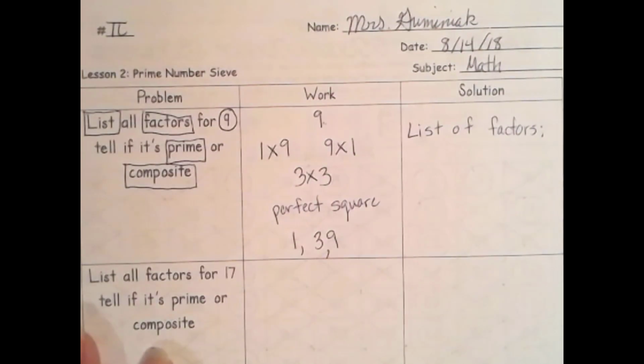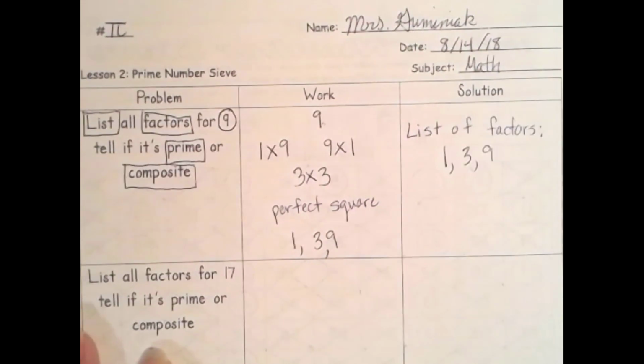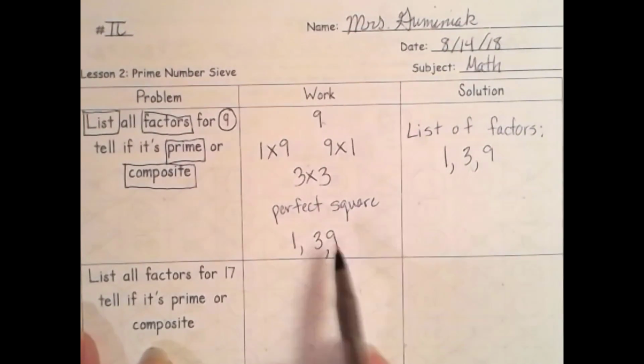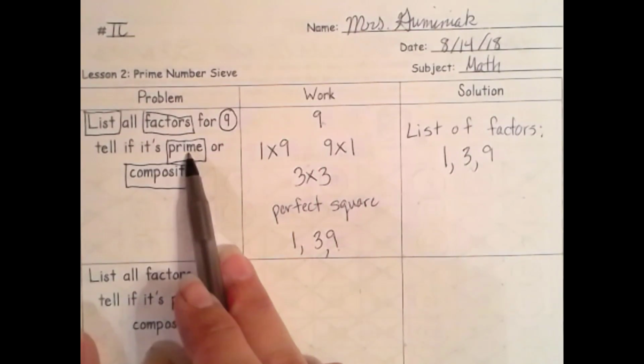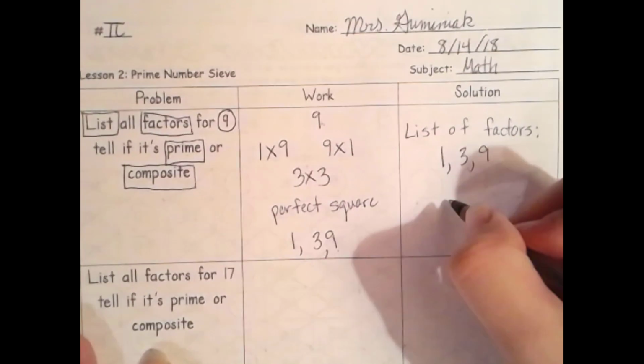Our list of factors is 1, 3, and 9. And now we see how many factors do we have? 1, 2, 3. 3 factors. Is that exactly 2 factors or more than 2 factors? More than 2 factors, so it is composite.